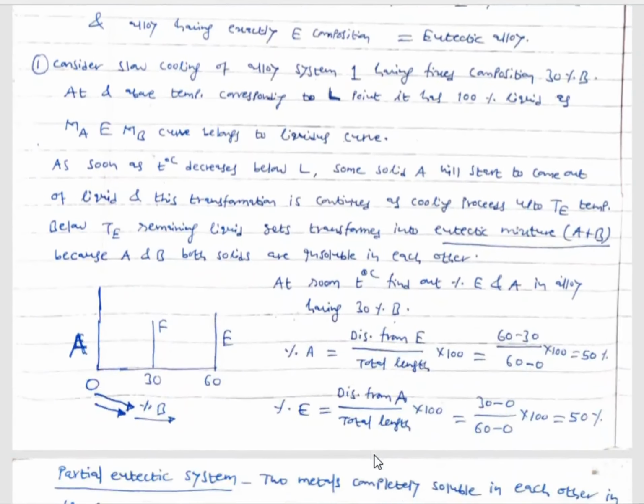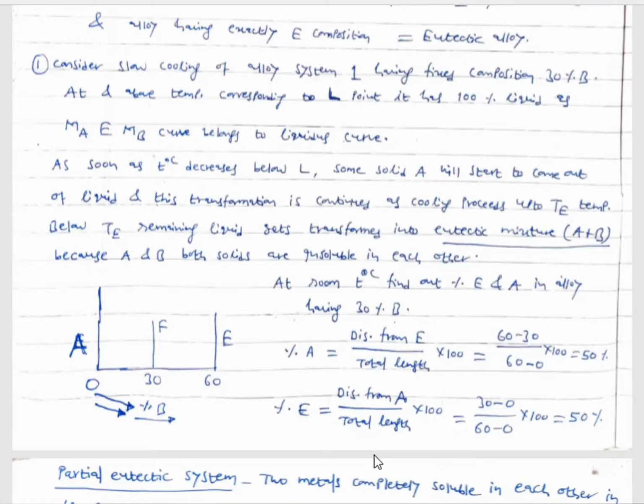So this composition, our overall chemical composition of the alloy under our study, 30% B, is F. Boundary of A, pure metal A, 0% B because 100% A is present, and boundary of eutectic, 60% B. Suppose we have to calculate percentage A in our 30% B alloy system.